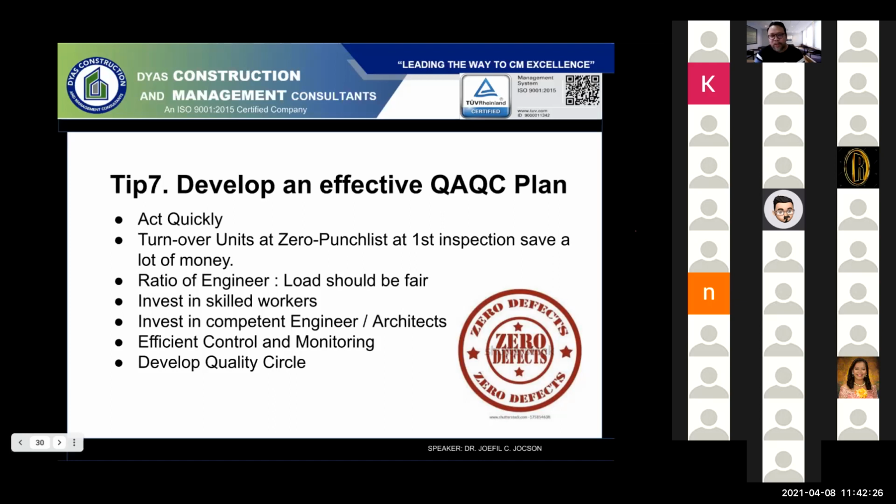Ha? Documentation. Magsasubmit siya ng QAQC forms, attend meetings, magpipayroll siya, mag-inventory siya ng materials, magpo-purchase siya ng materials. Ang dami niyang gagawin ng engineer ninyo. 1, 2, 3, 4, 5, 6. So kailangan meron siyang support staff. Na yung support staff, ikaw na yung mag-submit sa CM nito. May bubus tayo, mga QAQC forms natin.